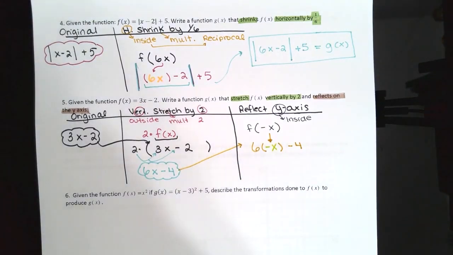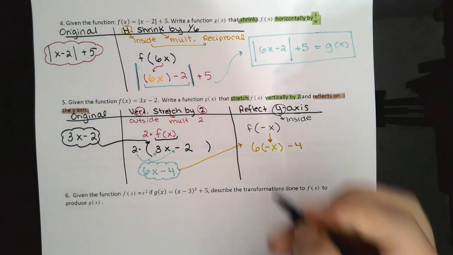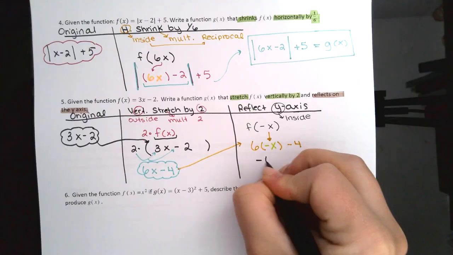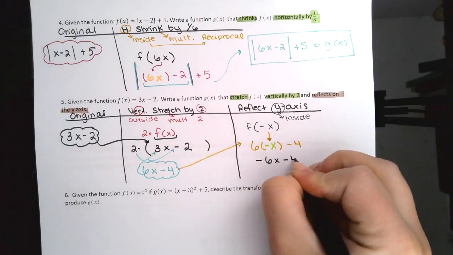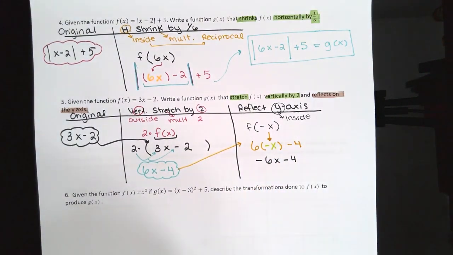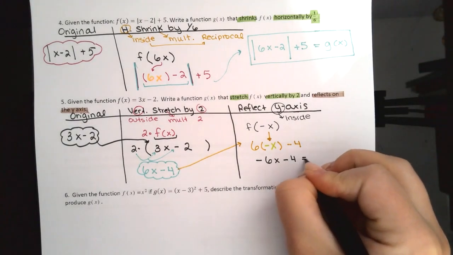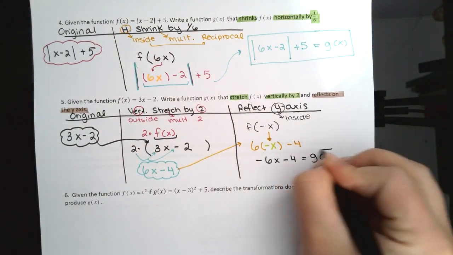There we go. Again, simplify when you can. This is linear. We can simplify negative 6x minus 4. This is not an absolute value. We don't need to factor out a negative. And then again, we're going to call it g of x.